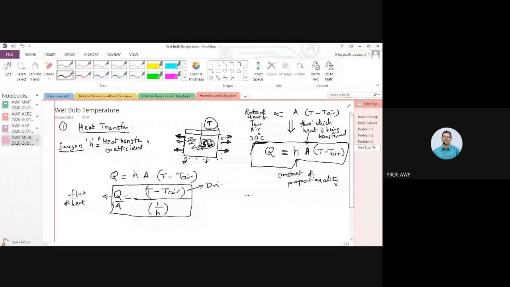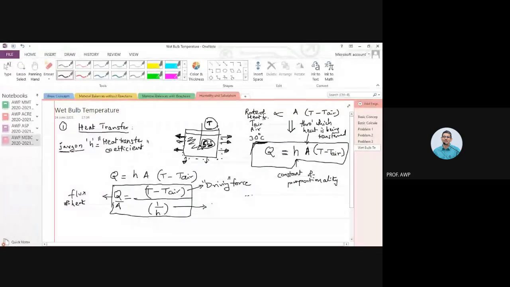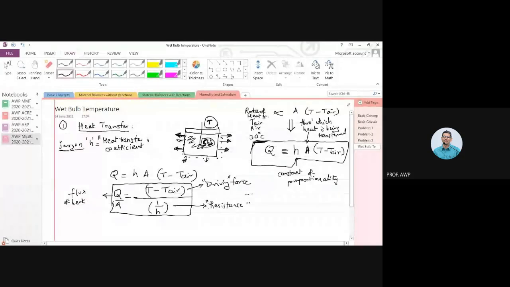We call this the driving force. Like the voltage is driving the current in a wire, the difference of temperature is what is driving the heat from the beaker to outside. And 1 by H is our resistance offered by this beaker and air for transferring heat out of that beaker.